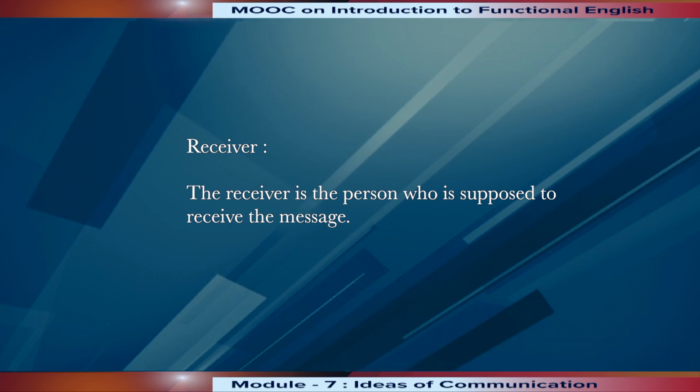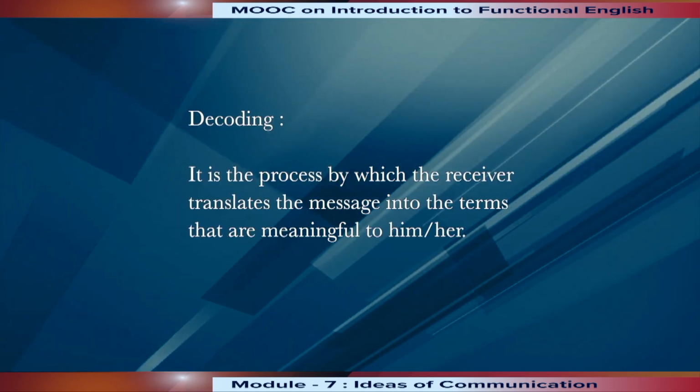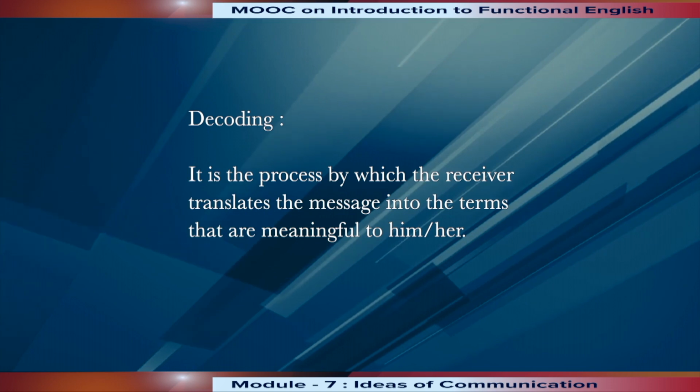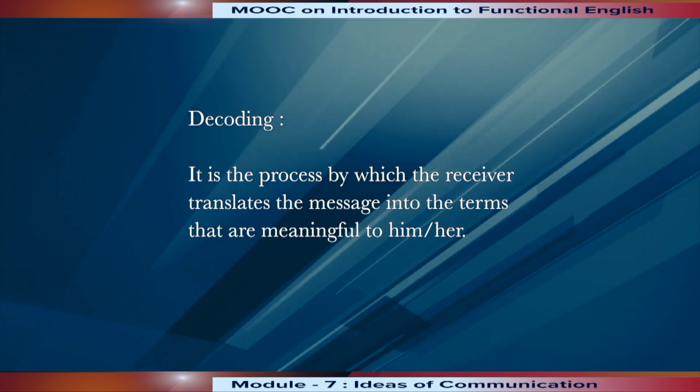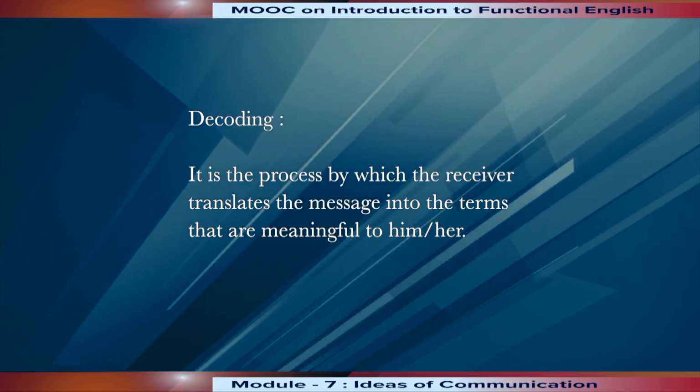The receiver is the person who is supposed to receive the message. After the receiver receives the message, the decoding step takes place. Decoding is the process by which the receiver translates the message into terms that are meaningful to him or her.